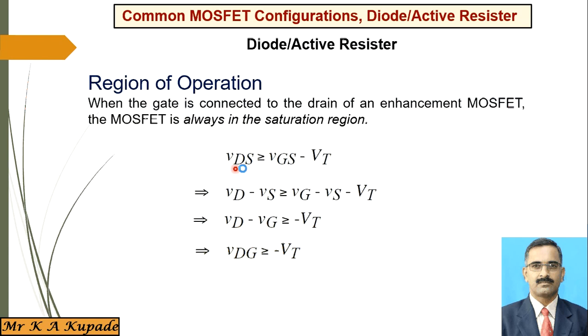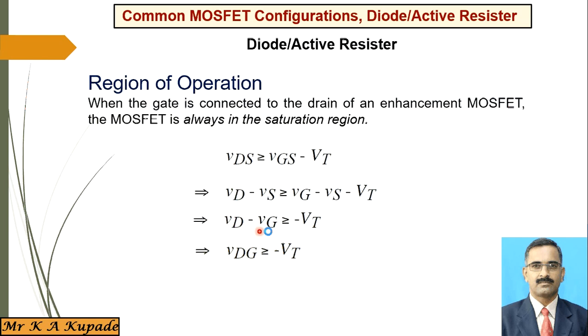So here VDS is greater than or equal to VGS minus Vt. That difference is nothing but the drain to source voltage, VD minus VS, the drain voltage minus the source voltage, which is greater than the gate voltage minus the source voltage minus the threshold voltage.